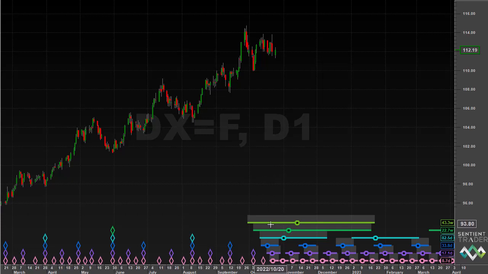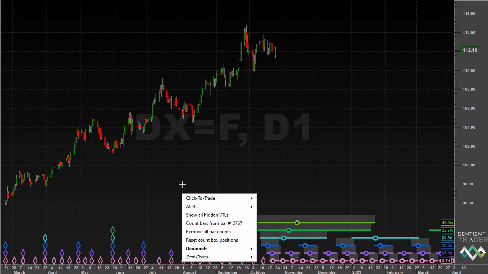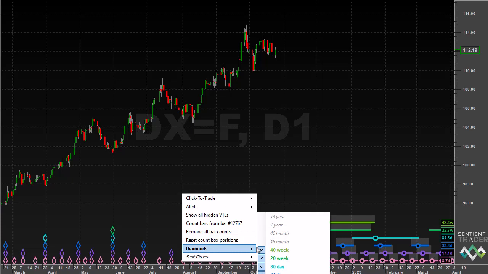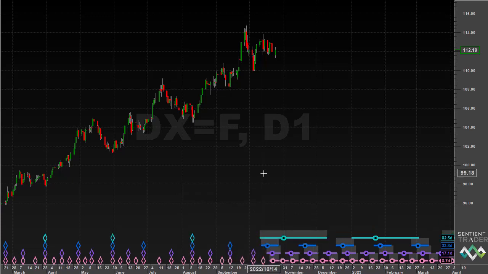The 40-week cycle I am fairly confident about, but actually my level of confidence in this particular analysis is down at the 80-day level. If we take a look at these 80-day cycle troughs, you can see that each one of them that has been found and phased in the analysis is a good, clean position for an 80-day cycle trough.